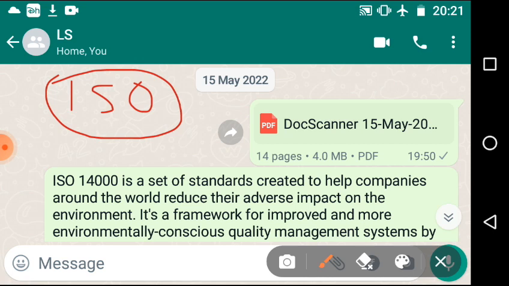Now, basically, I think you know what is meant by standard. Standards are the set of qualities which should be maintained in order to reduce the pollution in water, in air, in soil. Okay, in many ways. So normally, for setting up some standards for the companies, for different commercialization purposes, some rules have been made in order to improve the quality of the environment.